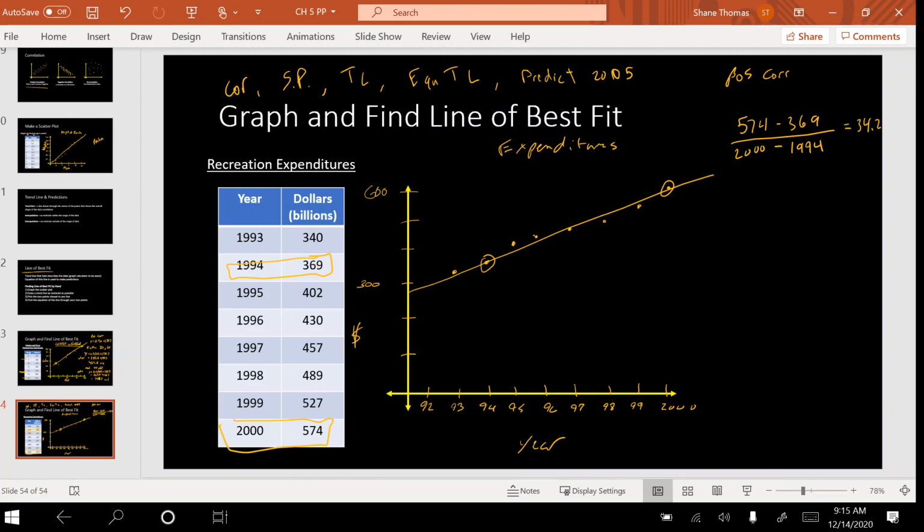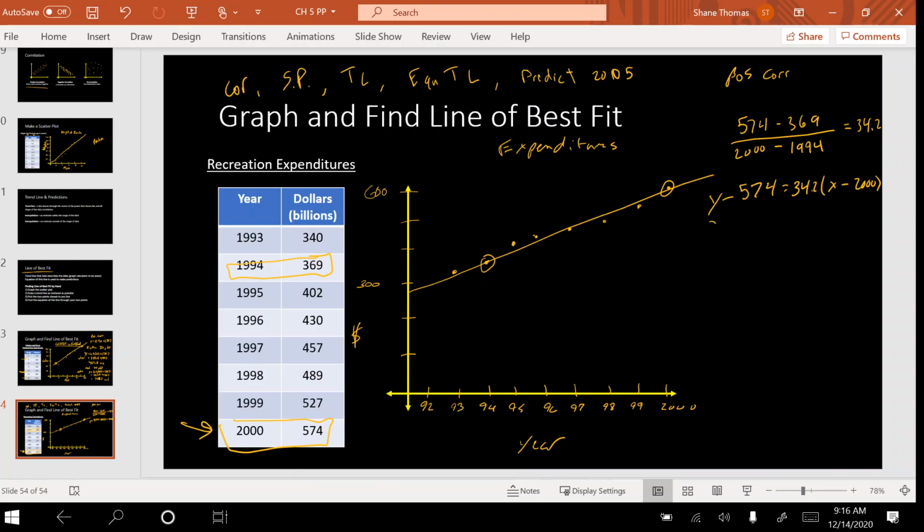So say 34.2. Okay, so I'm going to use one of my points. I'll just use this point. So y minus 574 equals my slope of 34.2, times x minus my x term.